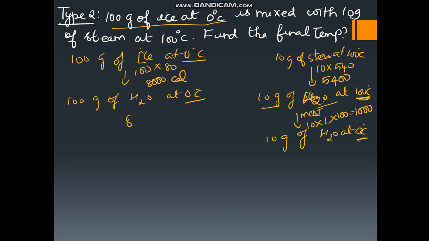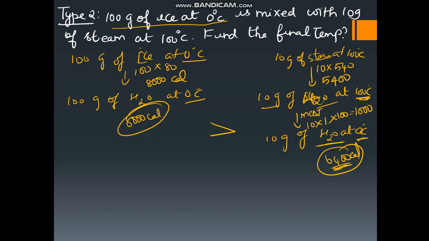So this side totally 8000 calories and this side it is totally 6400 calories. Okay, so see that the steam's total heat value to convert to water at 0 degrees Celsius is less than this 8000 calories, that is the heat required to convert ice into water.